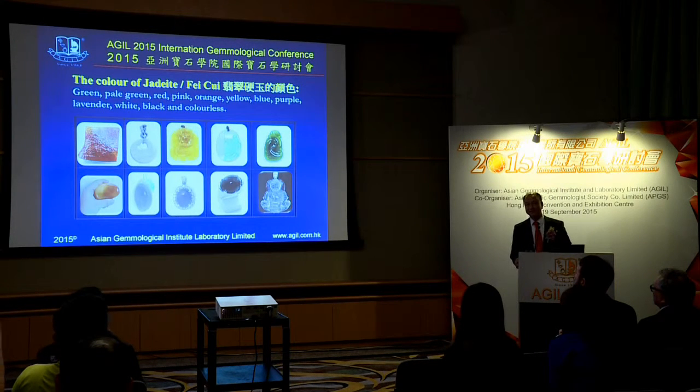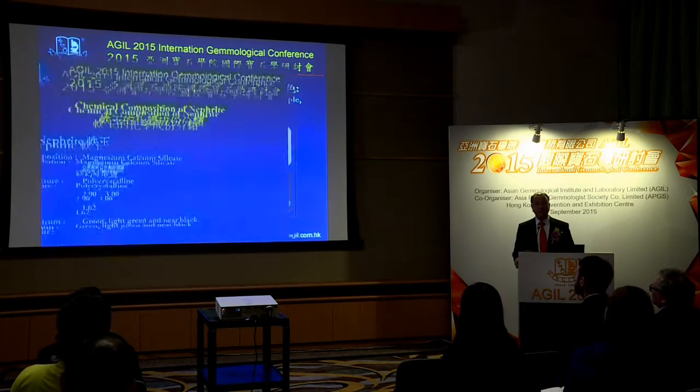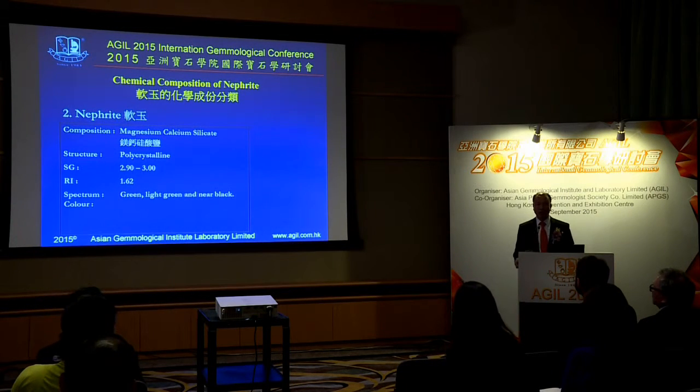Now, in the world of jadeite, there are many colors, such as red, pink, yellow, green, black, and colorless. The second type of jade available in the whole world jewelry market is nephrite.